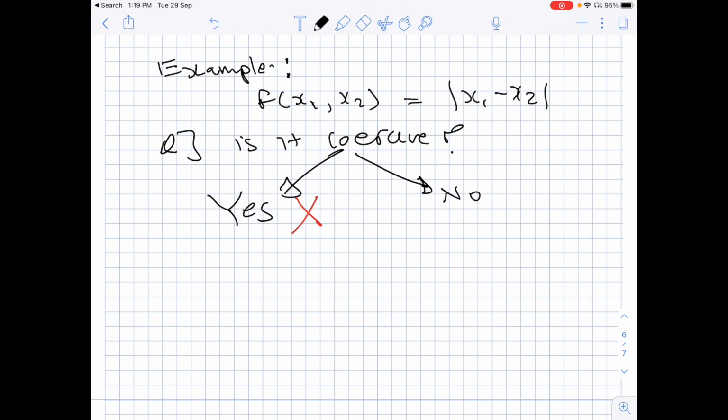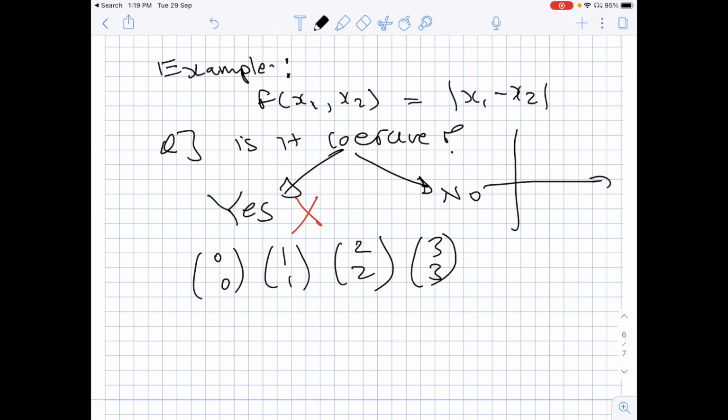Why? Because let's look at a sequence like (0,0), (1,1), (2,2), (3,3). If this is x1 and this is x2, I am drawing a 45-degree line here, and on this 45-degree line I am moving towards infinity. So what happens to the norm of x here?